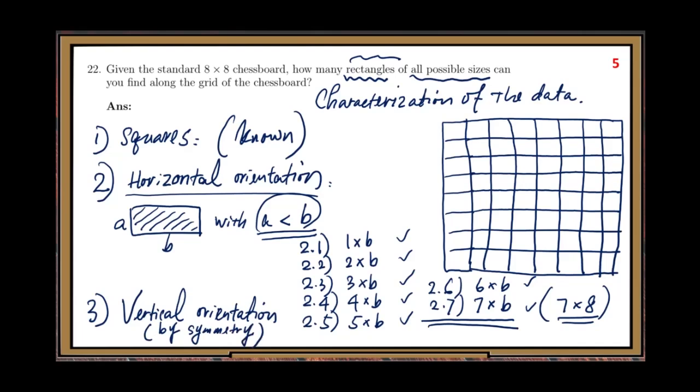You just swap A and B: A here, B here, for the vertical orientation. Then you should get the same number. So that's the hint for this question.